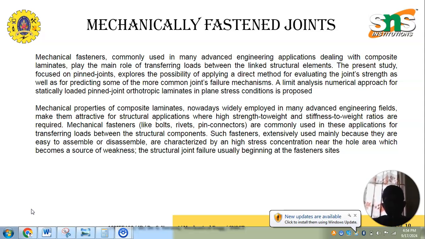Such fasteners are extensively used mainly because they are easy to assemble or disassemble, but they are characterized by a high stress concentration near the hole area, which becomes a source of weakness. Structural joint failure mechanisms usually begin at the fastener sites. So this is what we need to design for mechanical fastener joints in terms of numerical approaches.